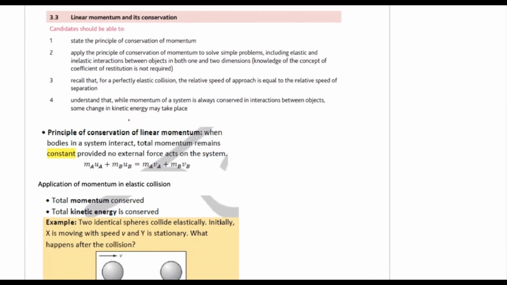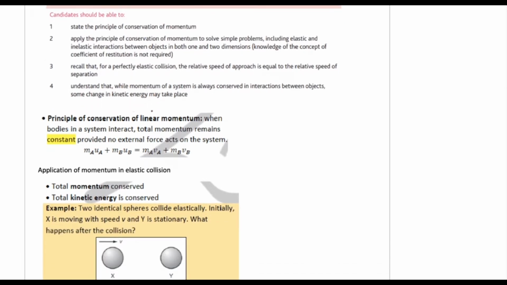The principle of conservation of linear momentum: when bodies in a system interact, for example collide, collisions happen, the total momentum remains constant. That means the total momentum before collision is equal to the total momentum after collision, provided no external force acts on the system.